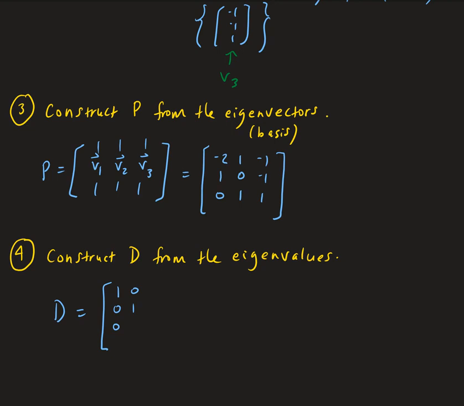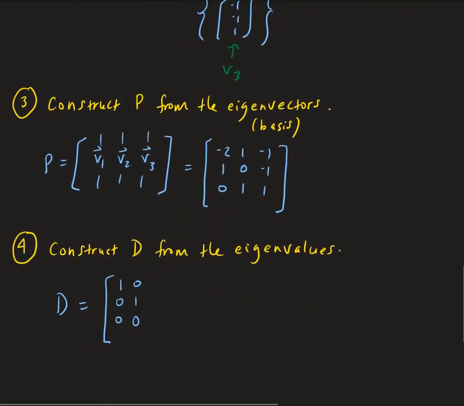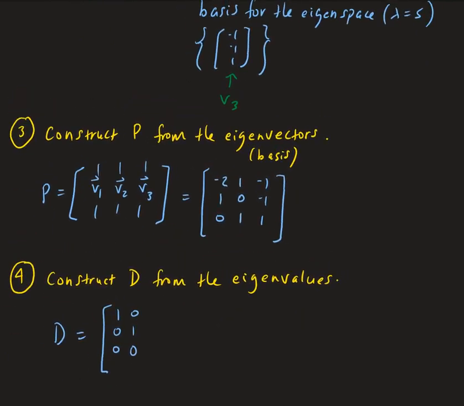The last eigenvalue was 5, and that corresponded to this eigenvector V3, so it's going to be 0, 0, and then 5. And that's our diagonal matrix.